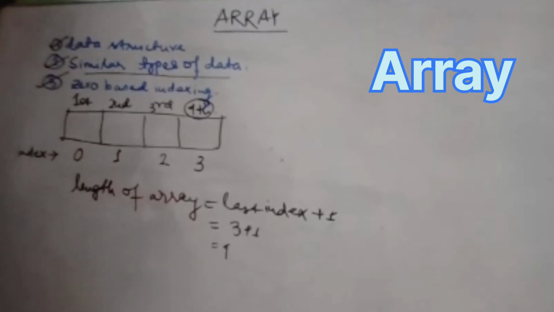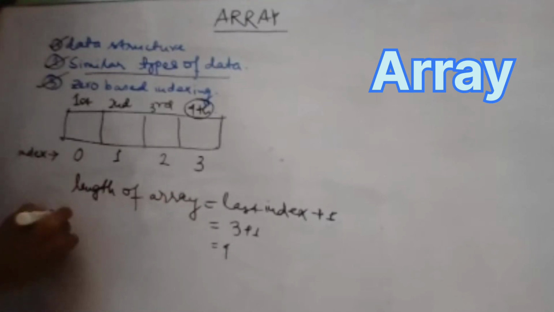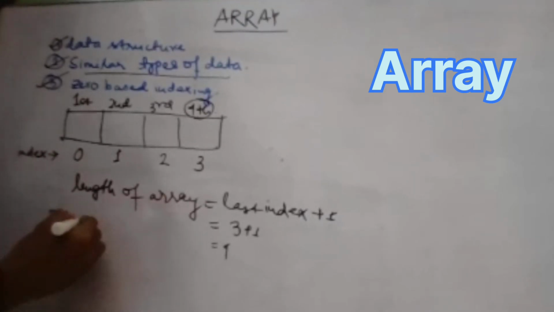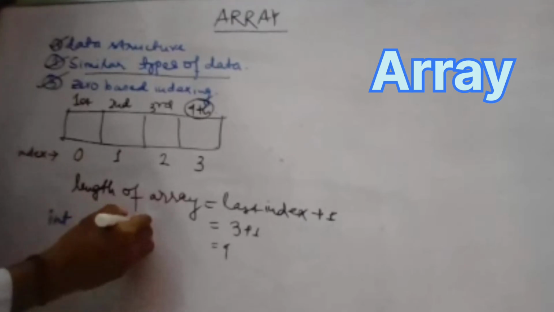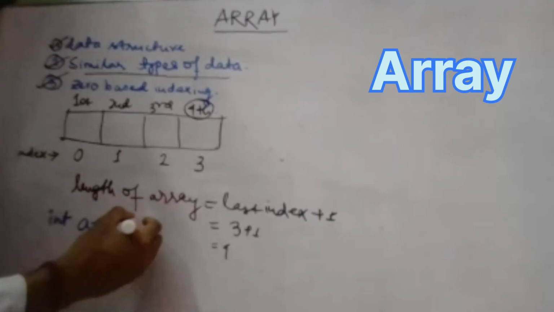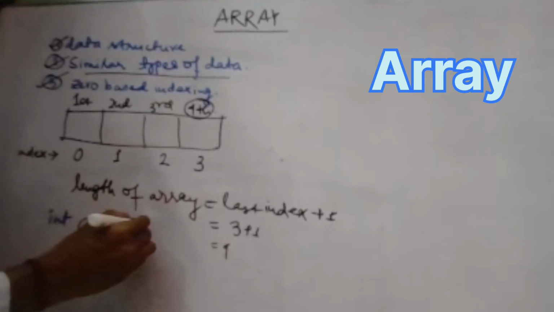Now, how can we initialize an array or store values in an array? Let's define it. Programming languages change, and we can define an array in many ways. First of all, for an integer array, we can say int arr, then something like this, and then we put a semicolon.